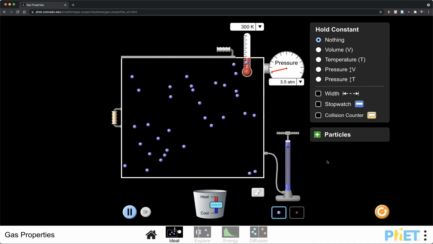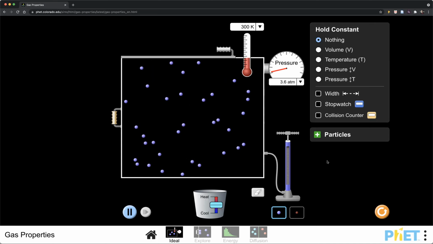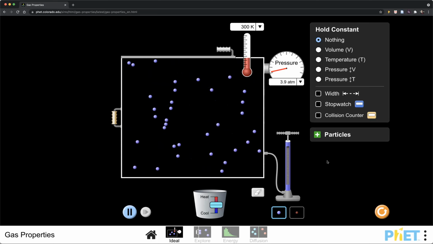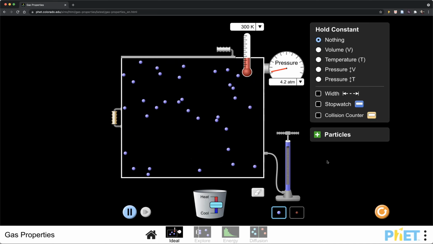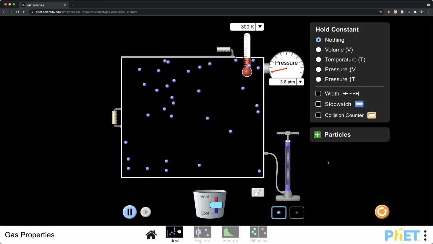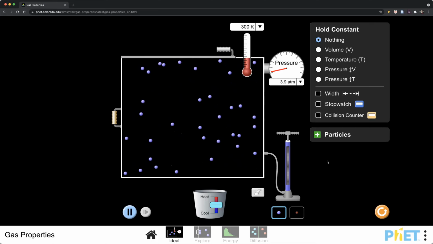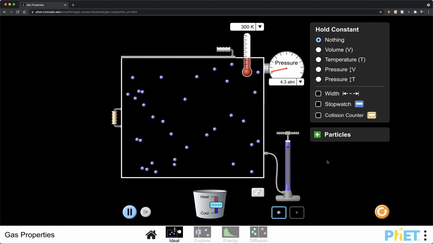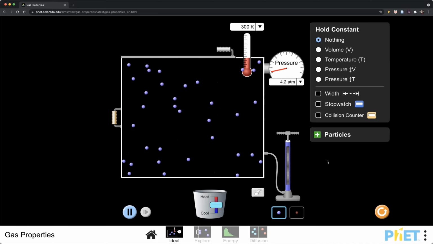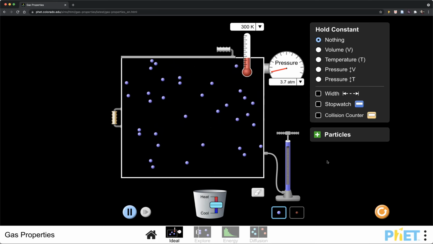But a couple of somebodies did make a comment that the pressure is fluctuating. So I agree the pressure is fluctuating. Now let's think about why the pressure is fluctuating. The pressure fluctuates because the pressure is related to the number of gas molecules that encounter the side of the chamber.